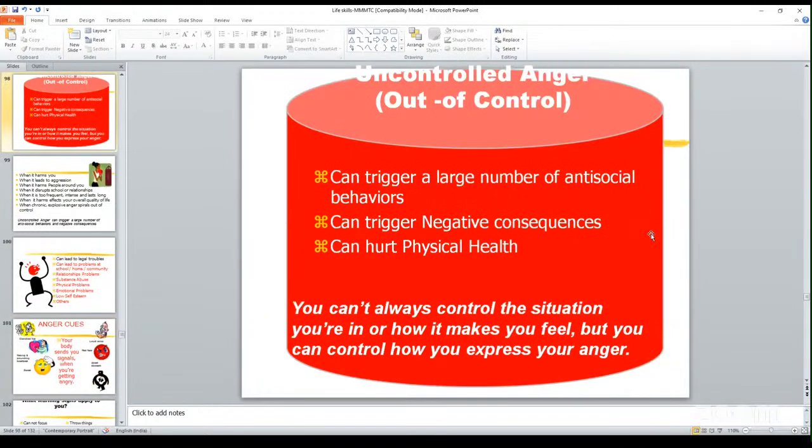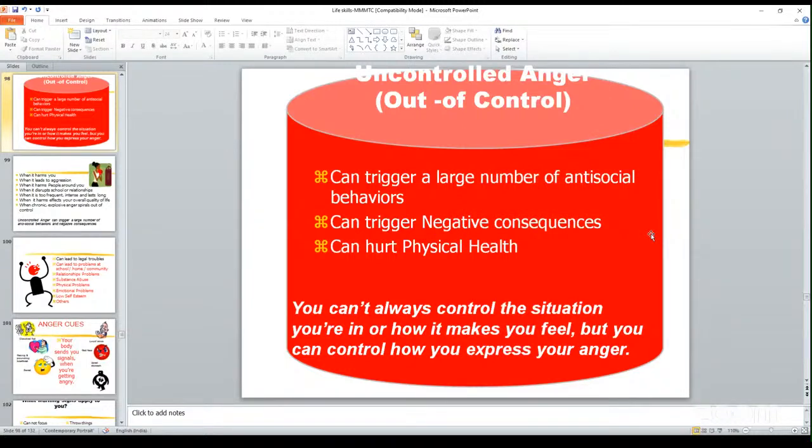But if the anger goes out of control, what can happen? The first one can trigger a large number of antisocial behaviors. You must have already seen how anger can lead to negative things. It can trigger negative consequences too, and it can hurt physical health. If you are angry all the time, you might end up with psychosomatic disorders.